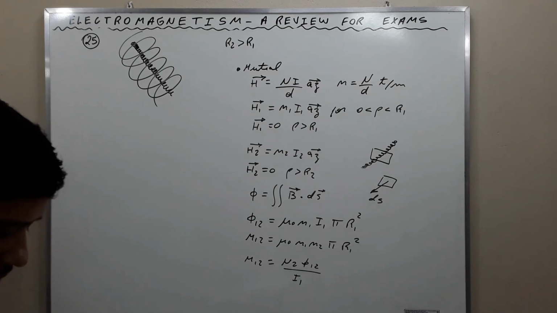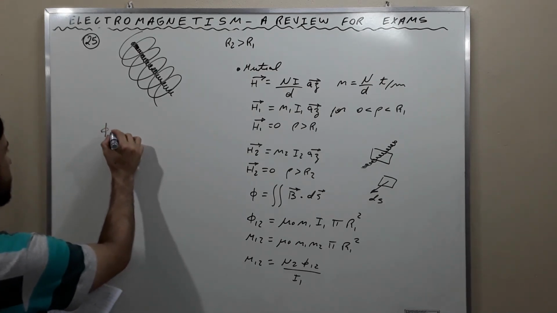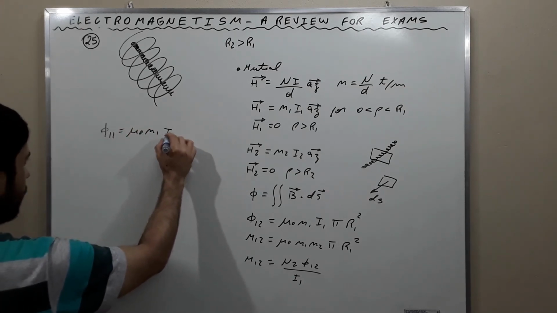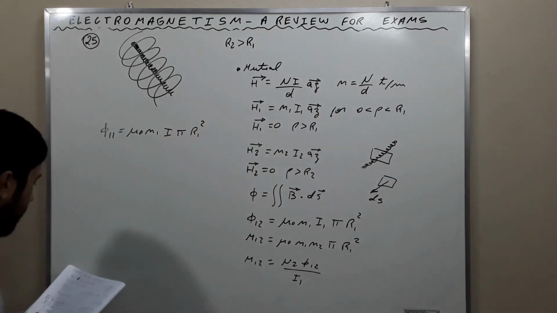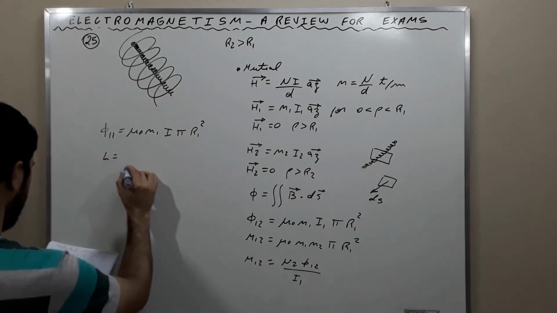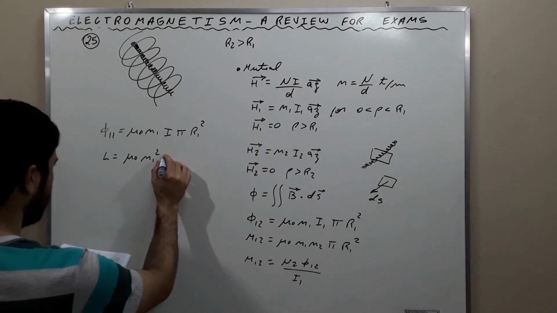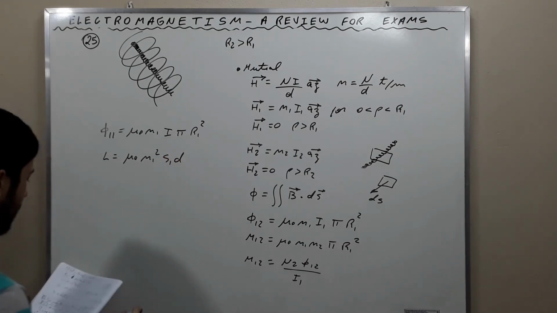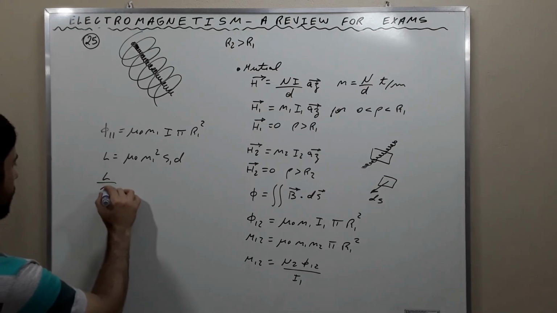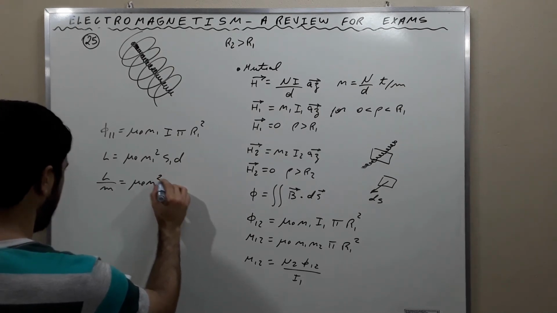And now for the self-inductances, we use that the flux is going to be μ0 N1 I1 π R1 squared, and the inductance is going to be μ0 N1 squared S1 D. If we want this per unit of length, the inductance per meter will be μ0 N1 squared S1.